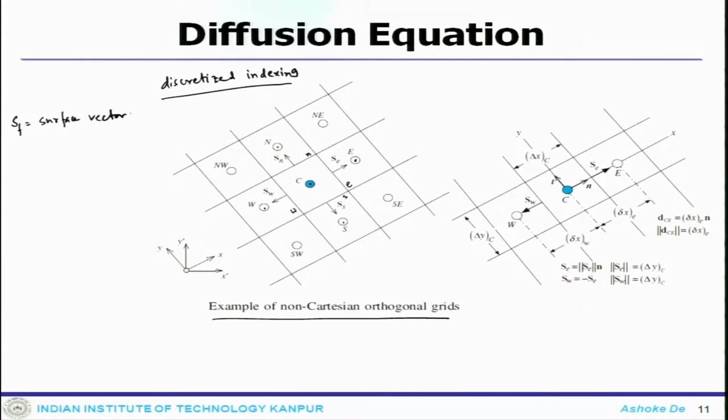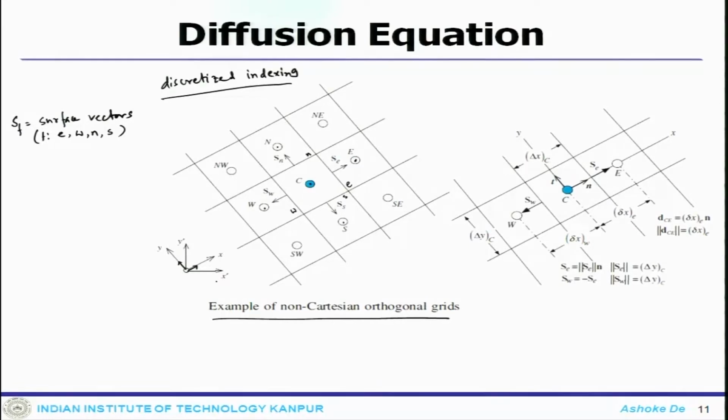These are all standard notations that we are using, but now this system is non-Cartesian. The reason is, if you look at it, this is our standard reference frame x and y system, and this has been offset by an angle theta.